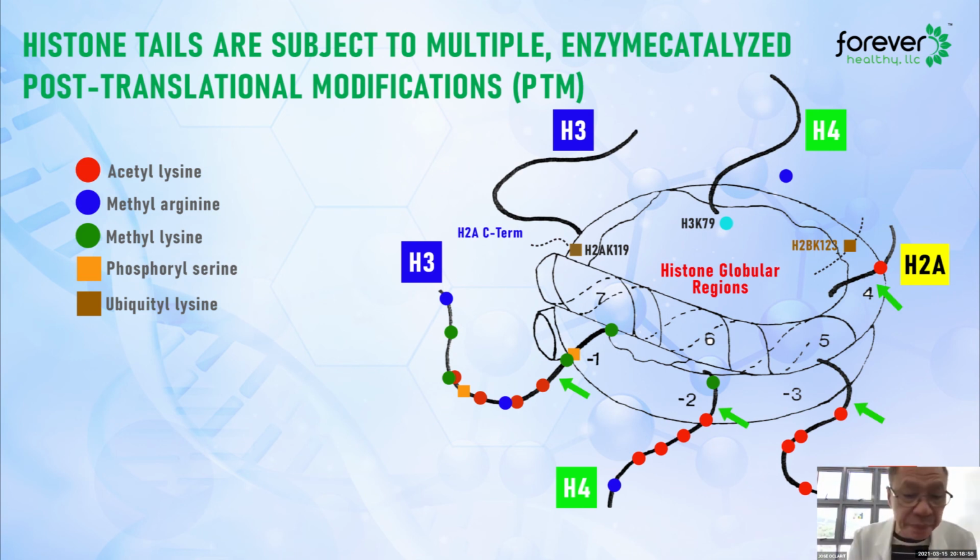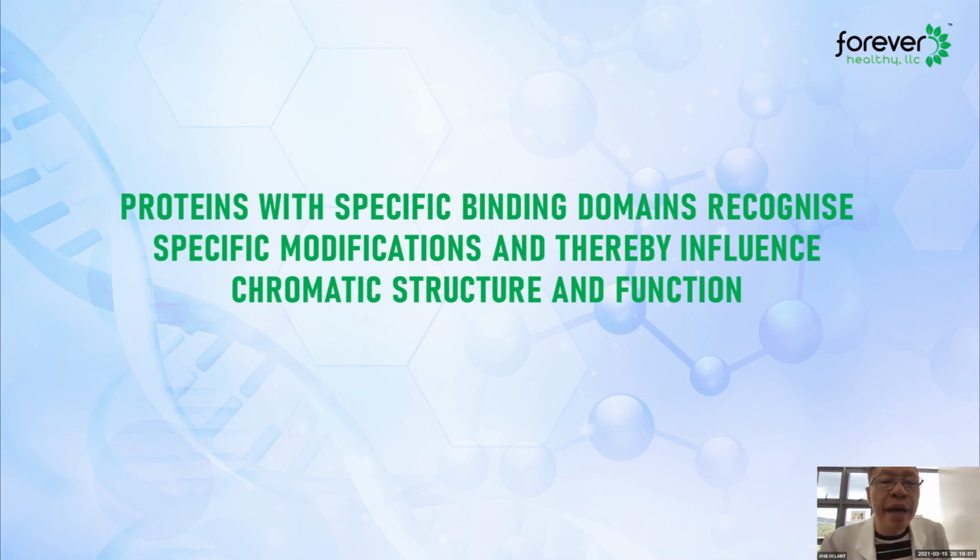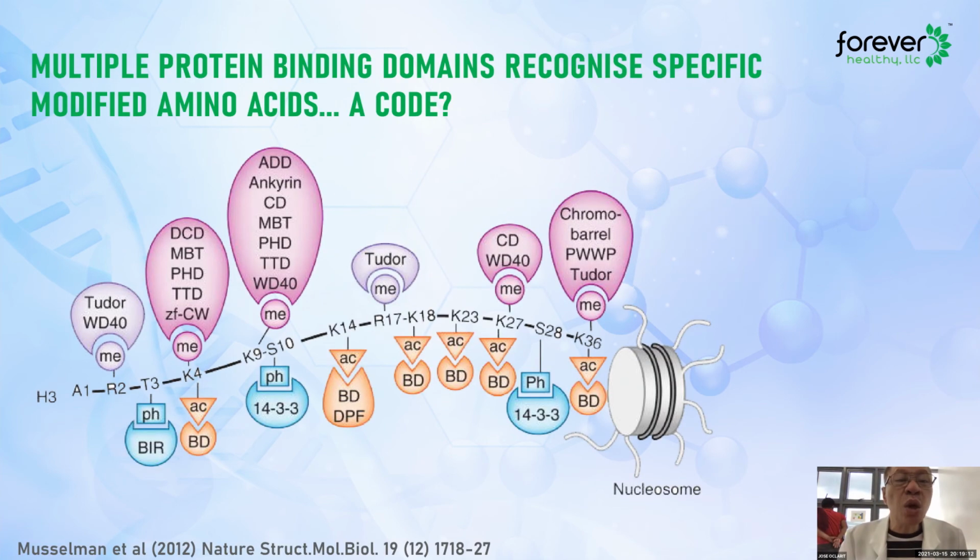the genes. Proteins with specific binding domains recognize specific modifications and thereby influence chromatin structure and function. So multiple protein binding domains recognize specific modified amino acids and code. The ones you see there like balloons are actually epigenetic modifiers, which I surmise are all present in our immunogen battle.